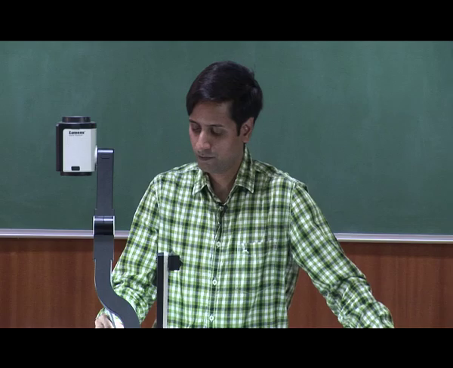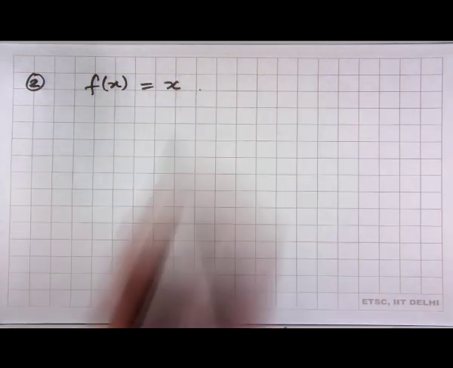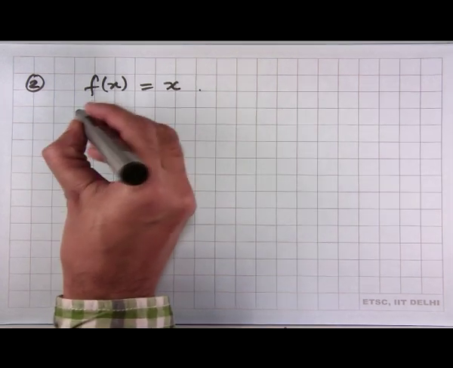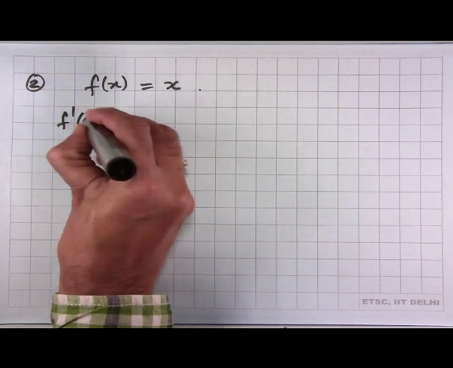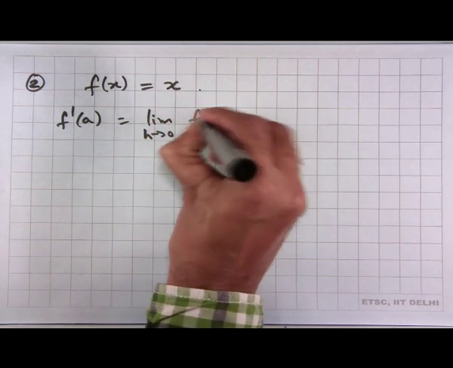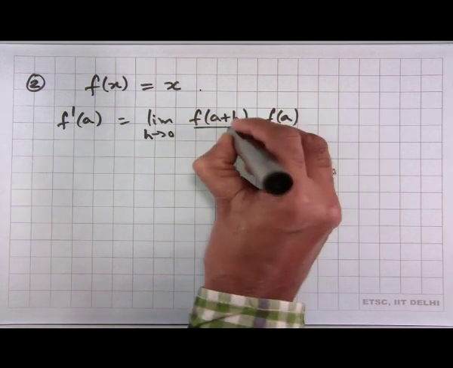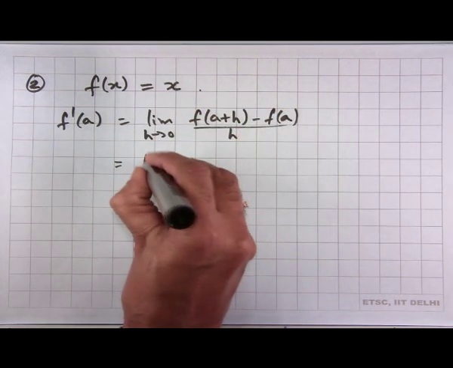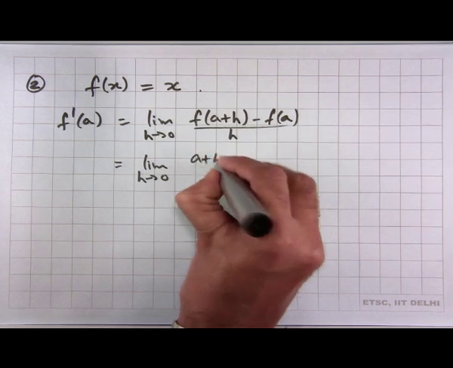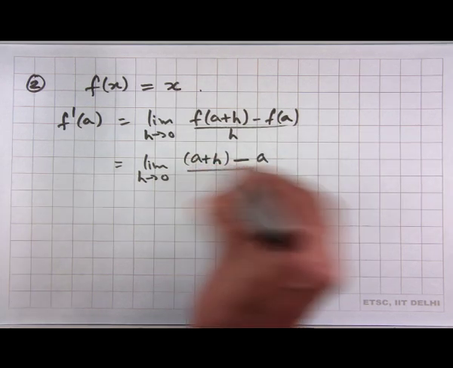Next example, let us look at f x equal to x. Now, let us try to calculate again the limit. So, f prime a is equal to the limit of h going to 0 of f of a plus h minus f of a divided by h, which is equal to the limit of h going to 0 of, f of a plus h is a plus h, minus f of a is a, divided by h.